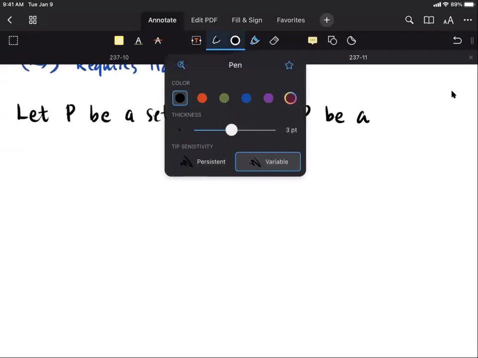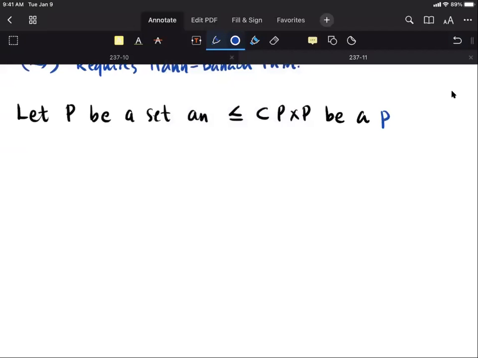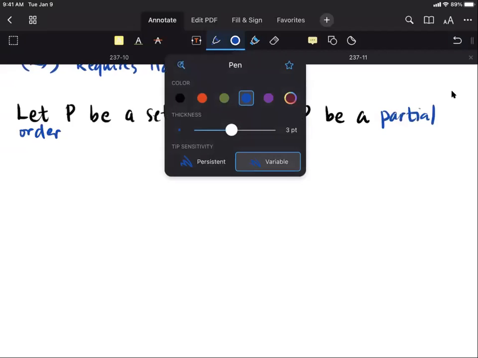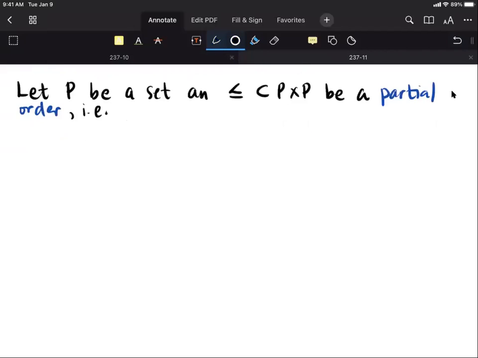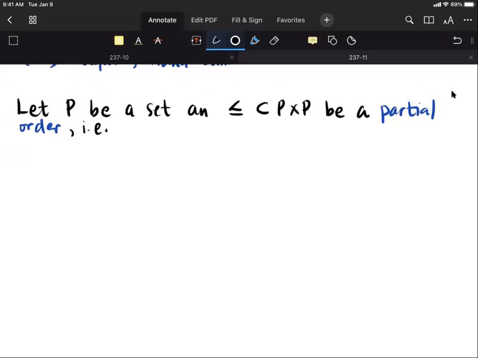So suppose that this is a partial order. In other words, we have the following properties.